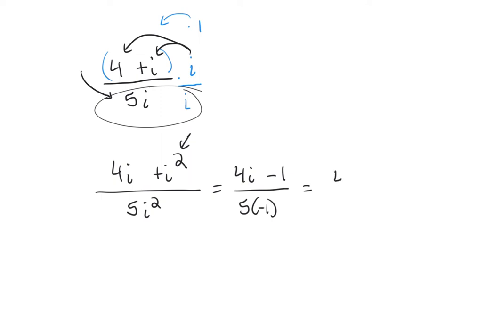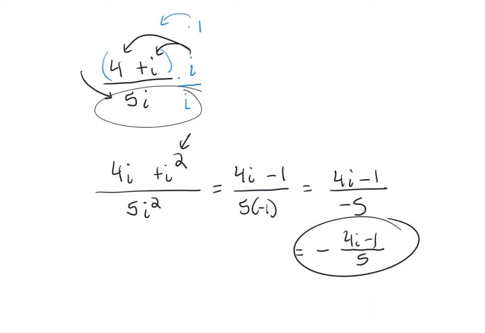So now I have 4i minus 1 over negative 5. And technically that negative should be brought out in front, like that.